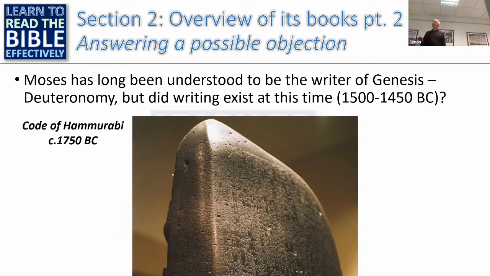And therefore, there's evidence that at the time Genesis through to Deuteronomy was written by Moses, writing was available, and not just this cuneiform style of writing. So it was possible for the ancient Hebrew text to be written.